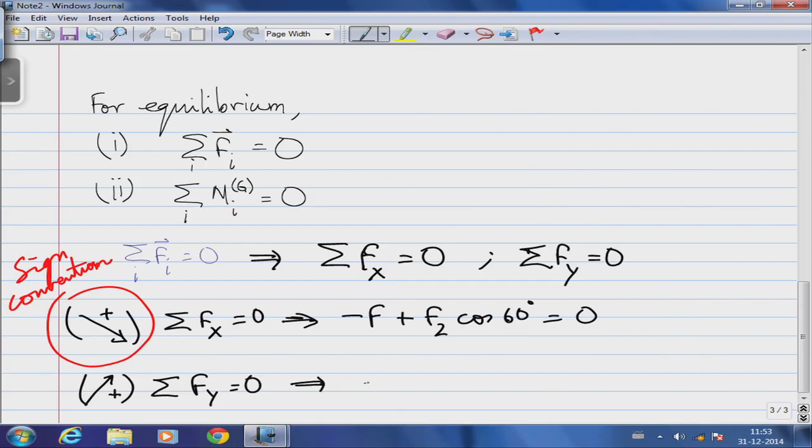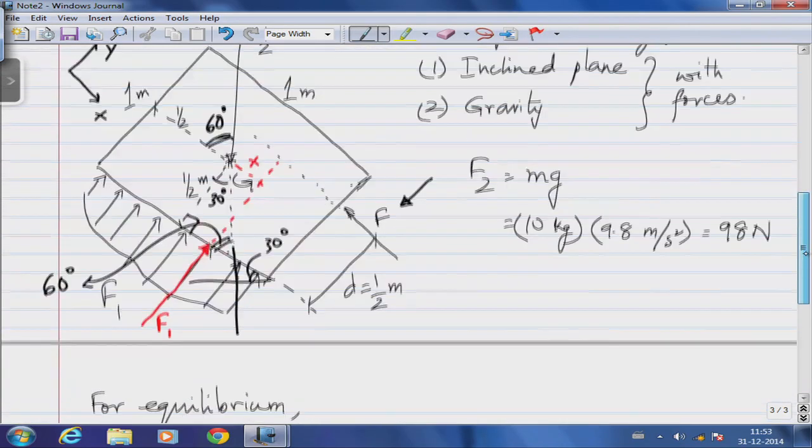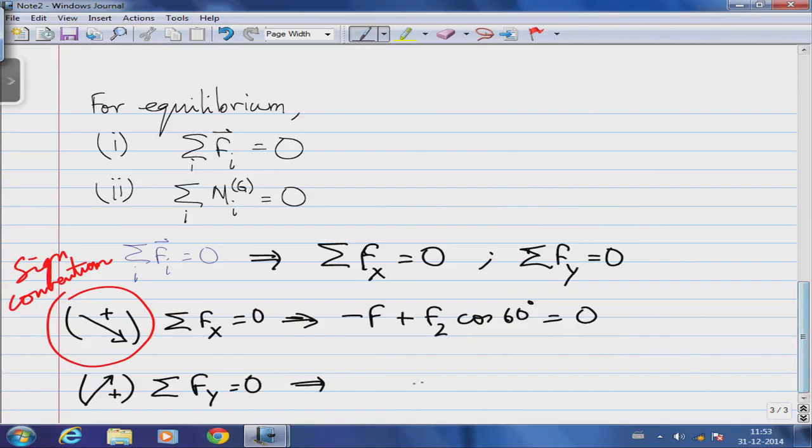This implies that F1 is in the positive y direction minus F2 sin 60 equal to 0.